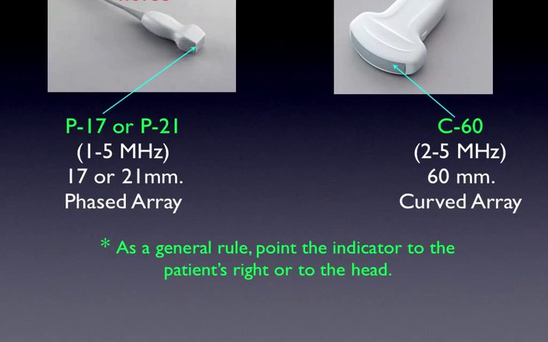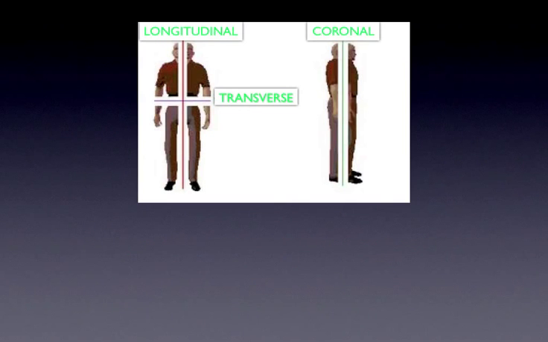And these probes, again, as a general rule, we all know, typically point to the patient's right or to the patient's head. And we're going to be examining the organs in either longitudinal, transverse, or coronal planes, and typically you want at least two of these views.